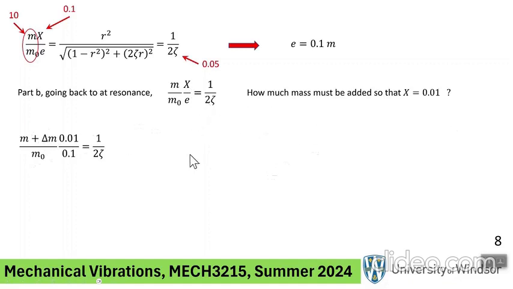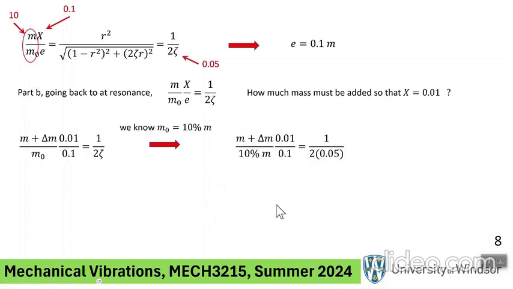Everything else we know from before. Solve for delta M. If you solve for delta M, you will see that it's going to be 9 times M. Incidentally, let me remind you that this M naught, we were told in the statement of the problem, that M naught is 10% of M. In other words, this M naught was 0.1 M. You just plug it in.